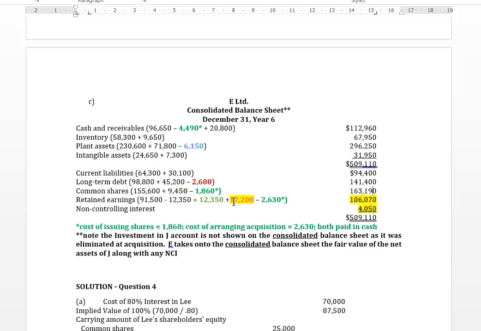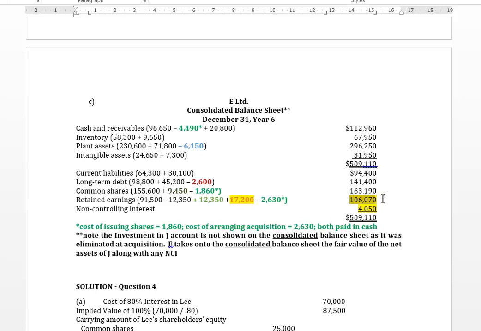Why? Because don't forget, that gain on the bargain purchase, which is $17,200, now got closed out on E separate entity statements to retained earnings. So we have to increase the consolidated retained earnings by $17,200, and then here we're going to deduct the cost of doing the deal, which we already know was the cost of arranging the acquisition of $26.30.